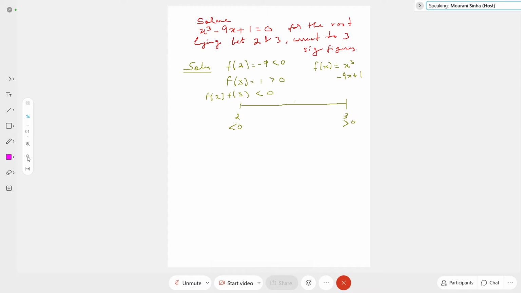Keep the graphical representation, it will help, and then I will go to the computational table after this. The root which you will be finding will have a value which is more than 2 and less than 3. That means 2 point something will be your final answer.